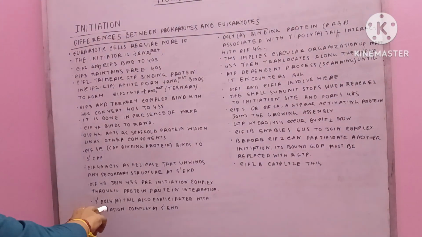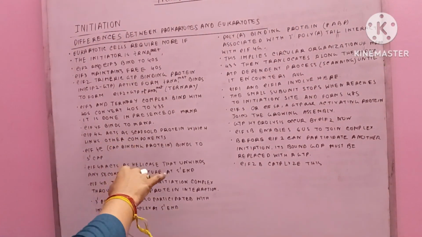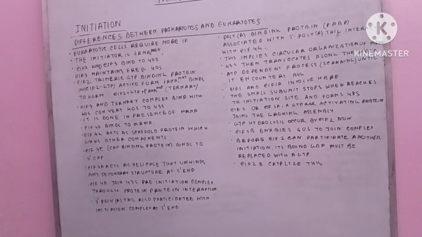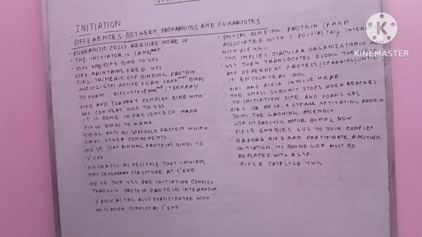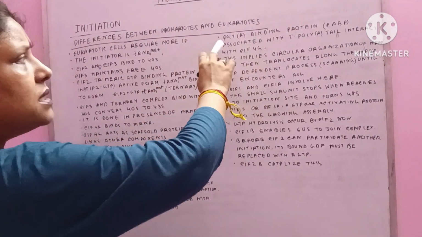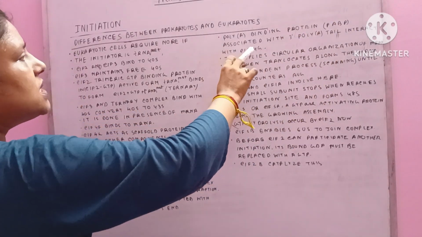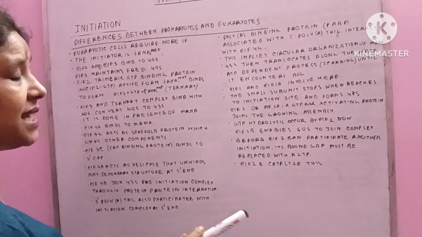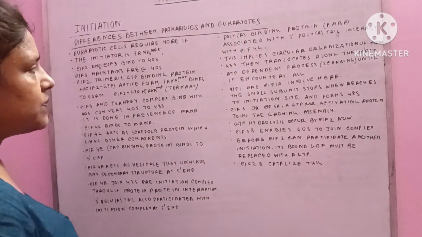Next, the 3' poly A tail also participates in this initiation process that is already occurring at the 5' end. The poly A tail binding protein, short form PABP, associated with the 3' poly A tail, interacts with EIF4G.